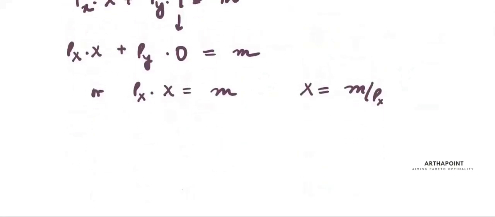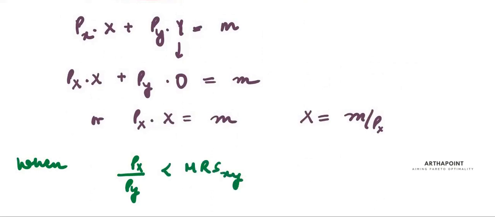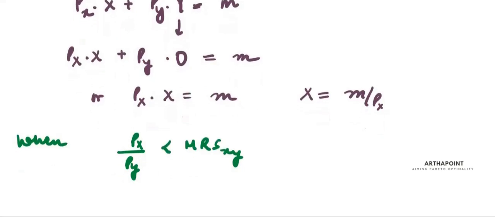So I get my first scenario: when Px by Py is less than MRS XY, you should consume only good X, which means X star will be M by Px and Y star will be 0.